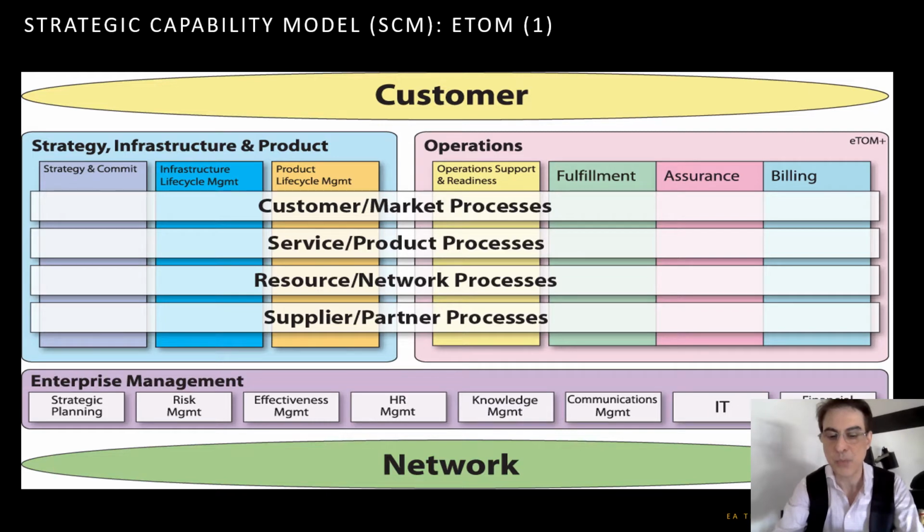Moving forward, this is one example of it, from eTOM, from the telecommunications world, which is a capability model.